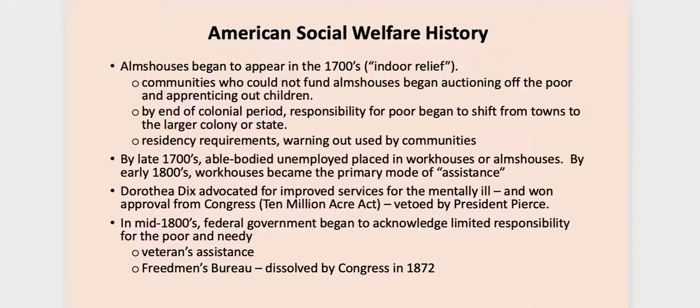Indoor relief was really institutional care, or people who were given homes, whereas outdoor relief was assistance for individuals in their own homes. Cash assistance is basically the most well-known form of outdoor relief. So indoor relief here was definitely the mode of intervention in the first 100 years or so of our nation's history, and even before that.